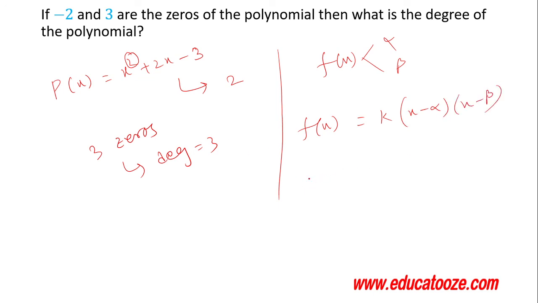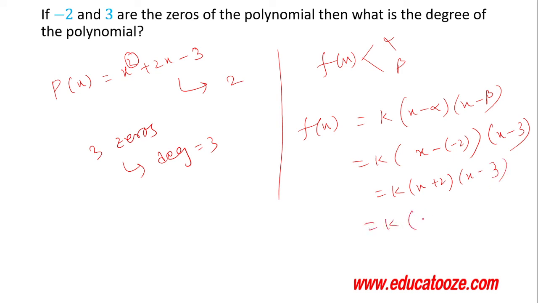Here the zeros are given, minus 2 and 3, so this can be written as k into x minus of minus 2 into x minus 3. That means k into x plus 2 into x minus 3, that means k into x squared minus 3x plus 2x minus 6, that means k into x squared minus x minus 6.